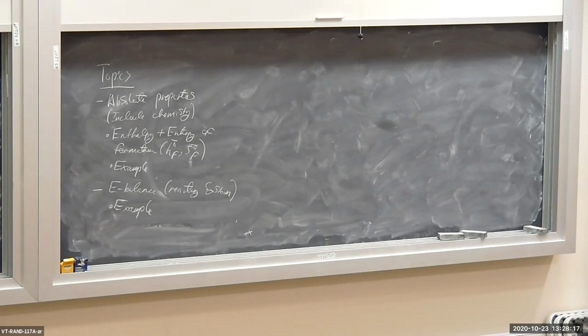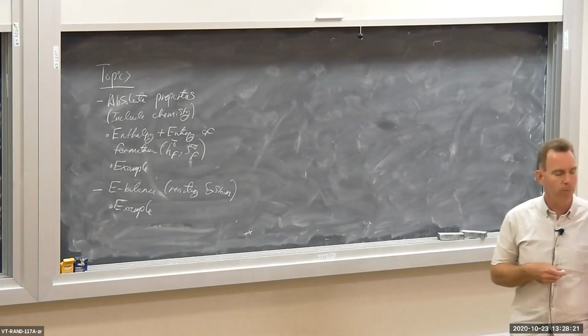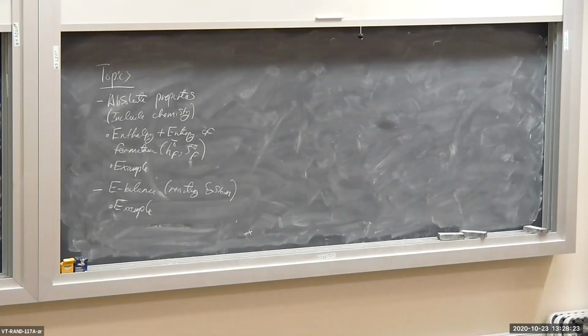You can apply the energy balance and plug in the specific enthalpies in your energy balance and get a heat transfer for a combustor or some kind of a problem involving combustion. You won't get the right numerical value because the property tables you've used thus far do not include the chemistry.